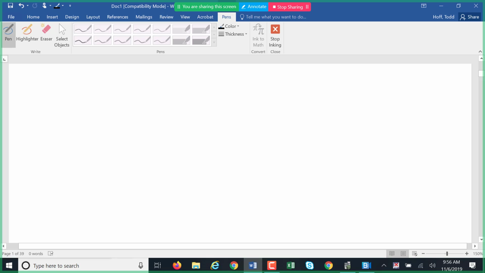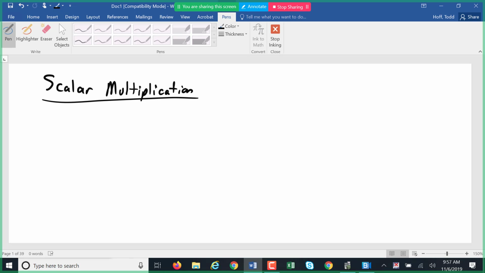When it comes to matrices, there's two types of multiplication. The first type of multiplication we're going to discuss is scalar multiplication. Scalar multiplication is found by multiplying the whole matrix by a single number. And all that does is multiply every element of that matrix by that number.